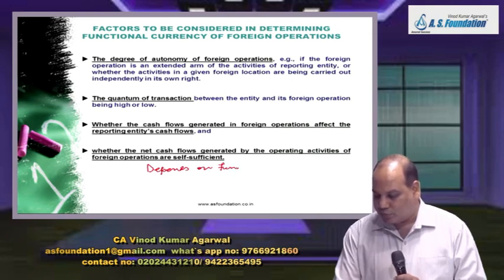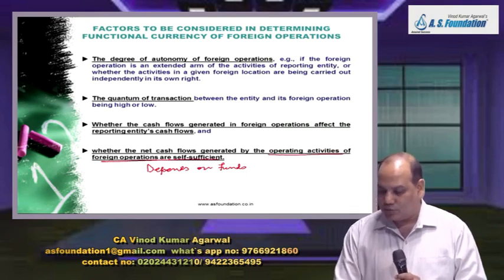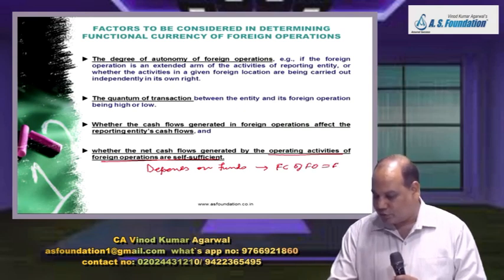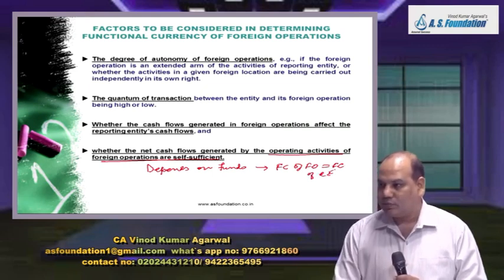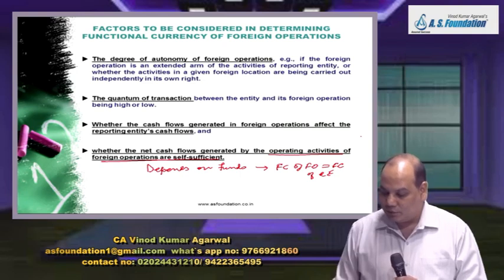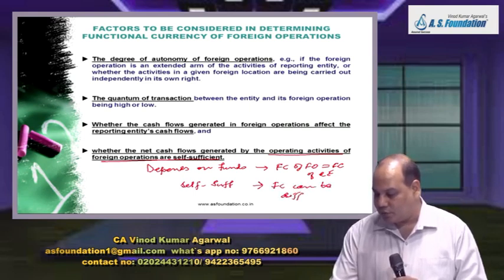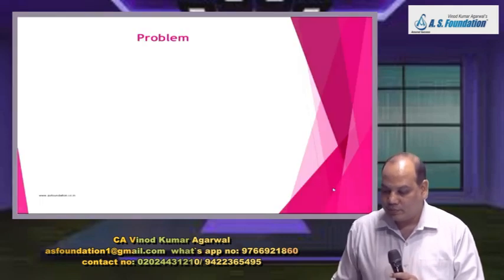It is not able to meet its operating activity from its own funds generated. Then the functional currency of foreign operation is equal to the functional currency of the reporting entity. In other cases, that is, if it is self-sufficient, then the functional currency can be different from the functional currency of the reporting entity.